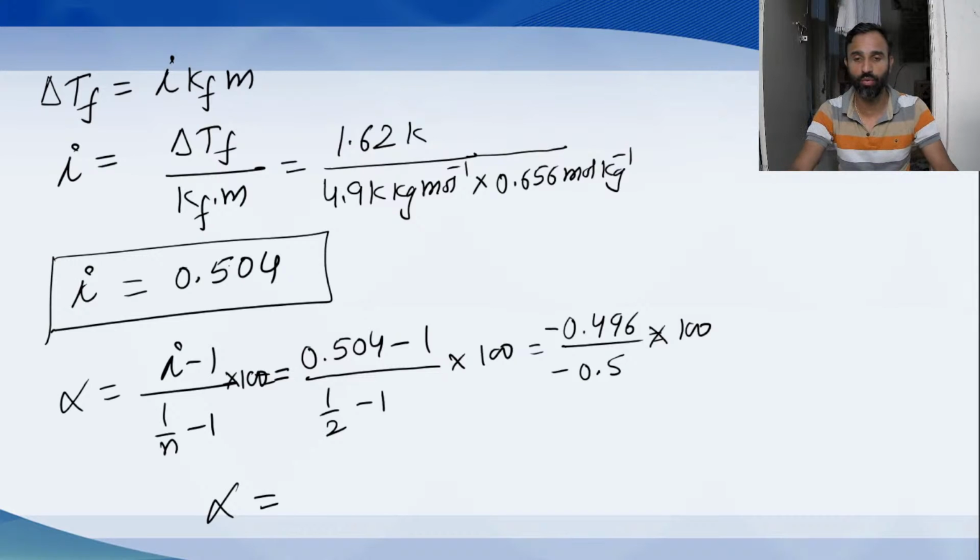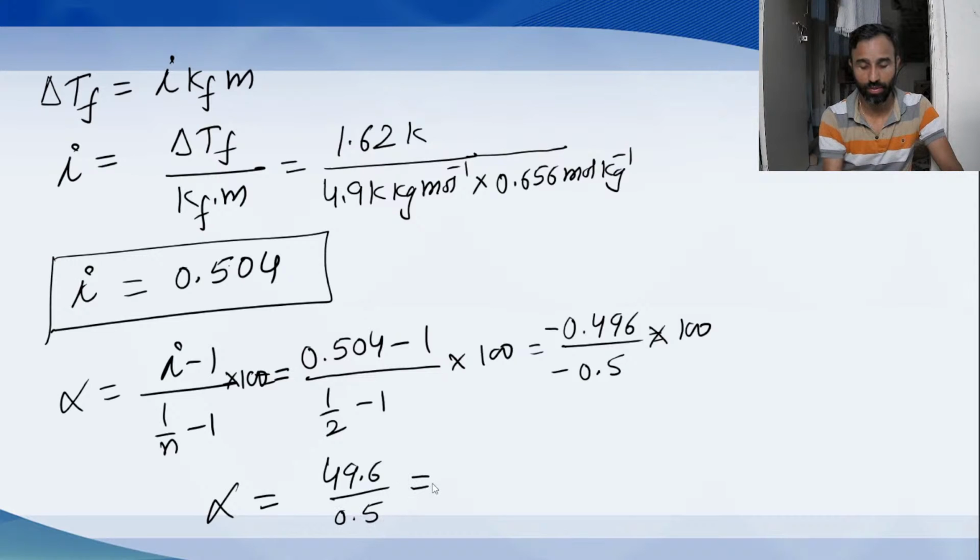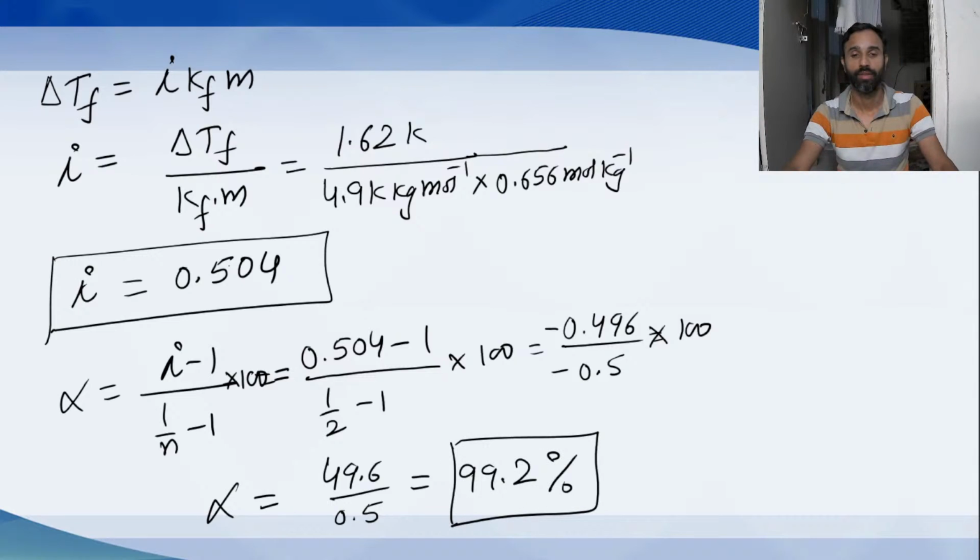Alpha is equal to 49.6 by 0.5. It is 99.2%. Yes, beta, did you get it?